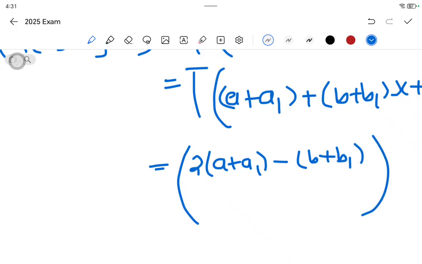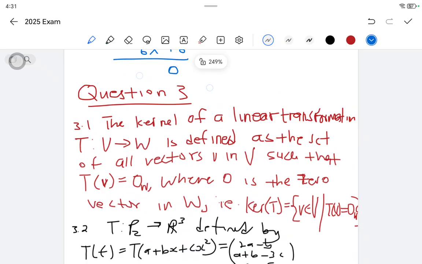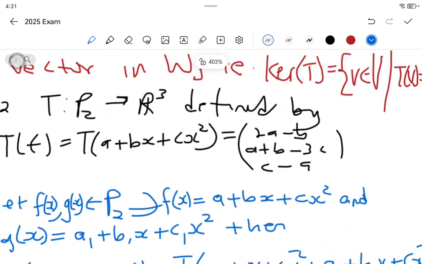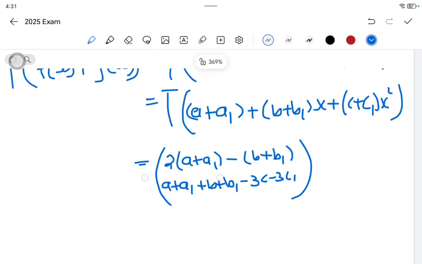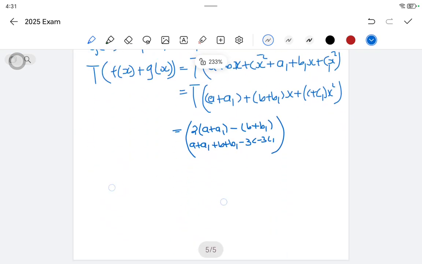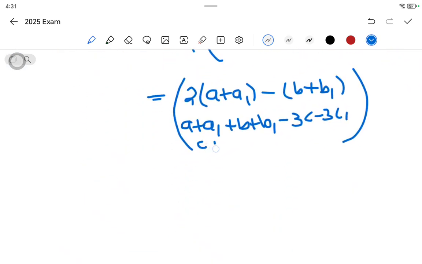And then the second one is a plus b minus 3c. So the last one is c minus a. Then we can separate this at the end.